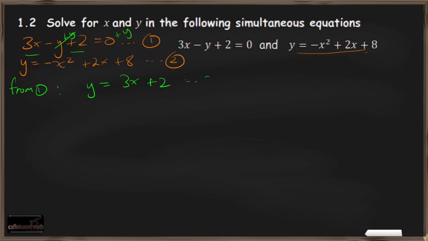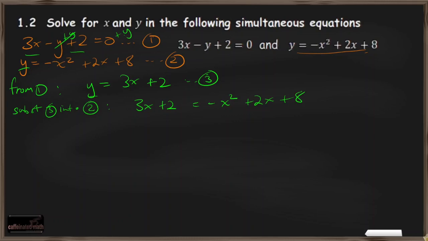We can label that as equation number 3, and as per usual, just substitute equation 3 into equation 2. In this case, you can also set equation 2 equal to 3 because the left hand sides are equal, which means the right hand sides must also be equal. However, what we'll have is 3x plus 2 being equal to minus x squared plus 2x plus 8.